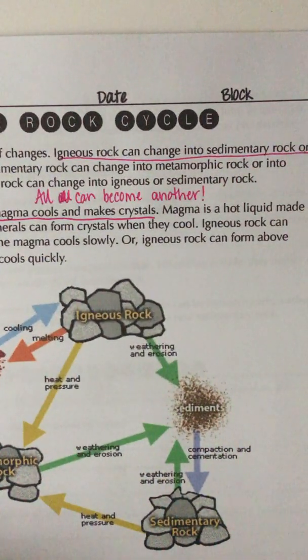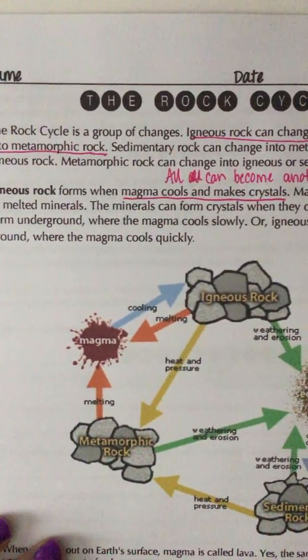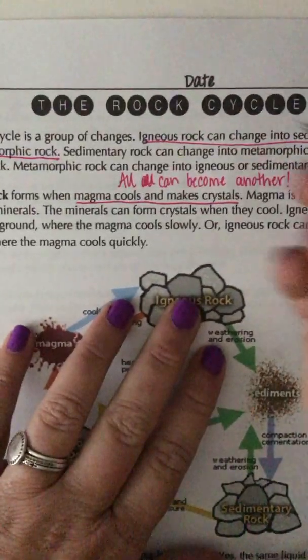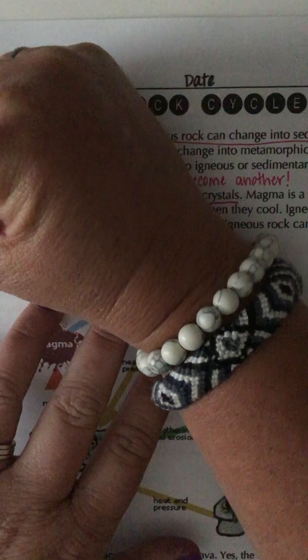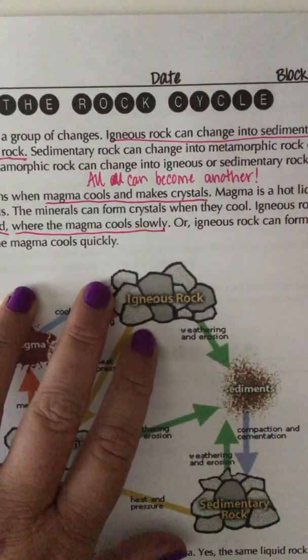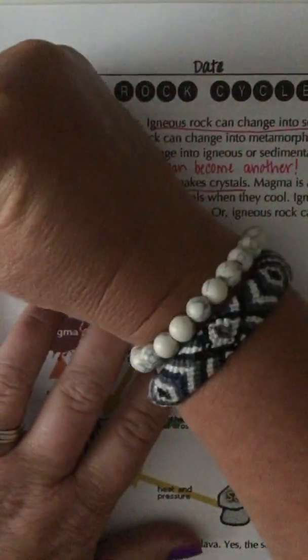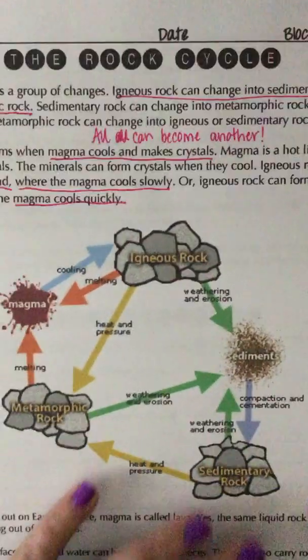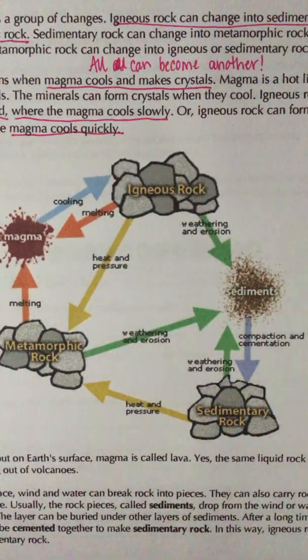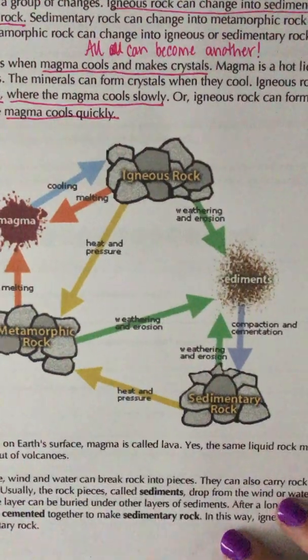Or igneous rock can form above ground when the magma cools quickly. So essentially, it's either when magma cools slowly underground or it's cooling above ground and it cools quickly. Okay. This should look familiar. Again, this is something that we saw yesterday.